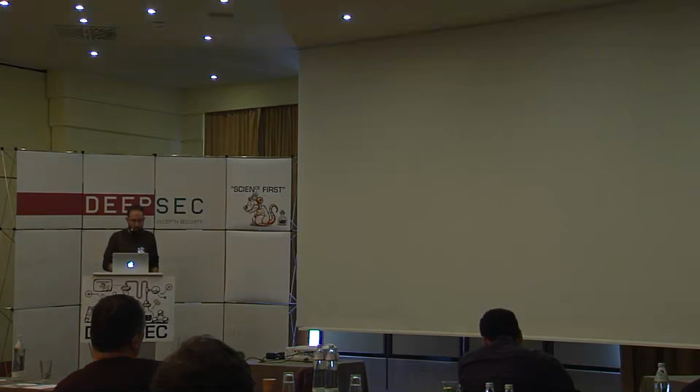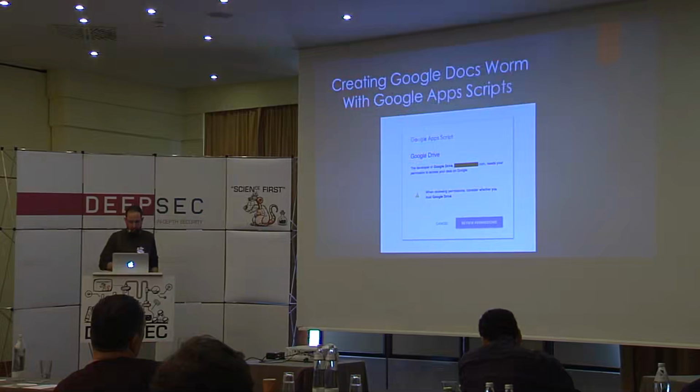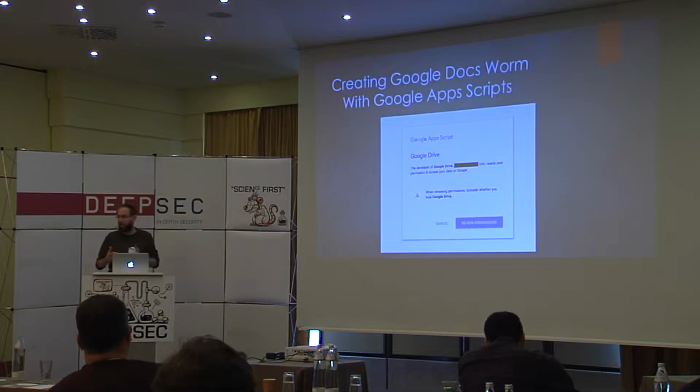So we were able to create this exact Google Docs scenario within Google Apps Script. This was actually a vulnerability that we disclosed to Google a while ago. As you can see, we have the application Google Drive, which asks for permission to access your drive, access your contacts, and stuff like that.